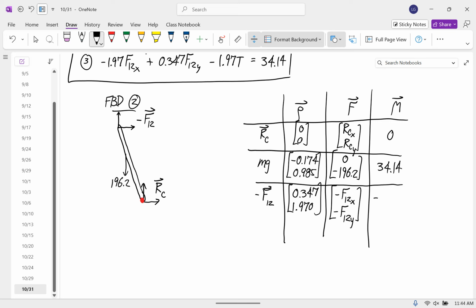Cross product is negative 0.347 F12y plus 1.97 F12x. Should that 0.347 be negative? Yep, thank you. And that makes this also negative. No, it doesn't. It makes them both positive.